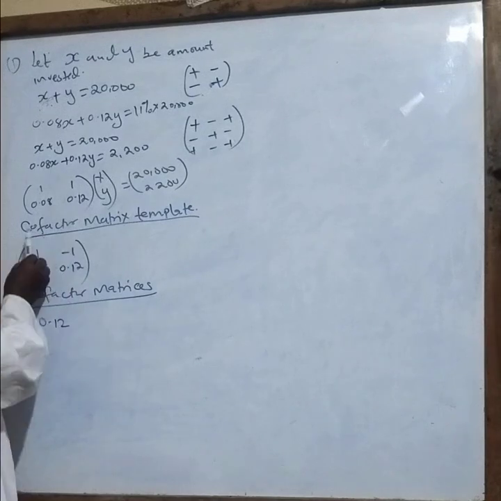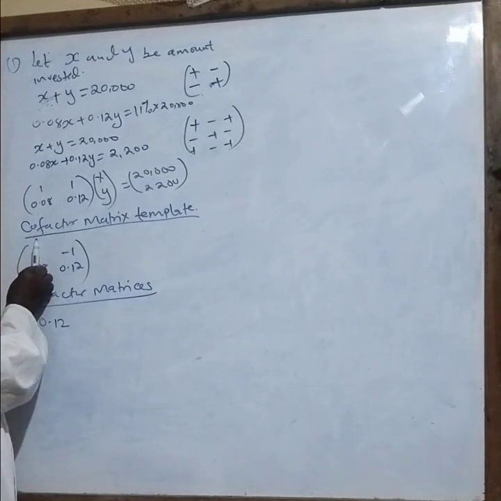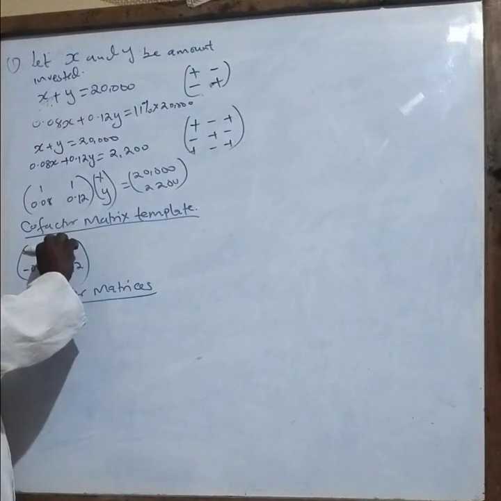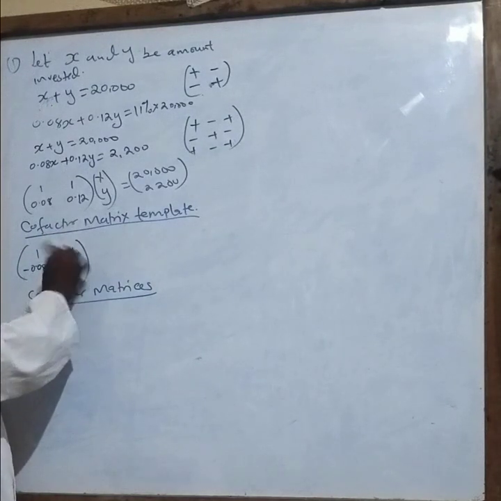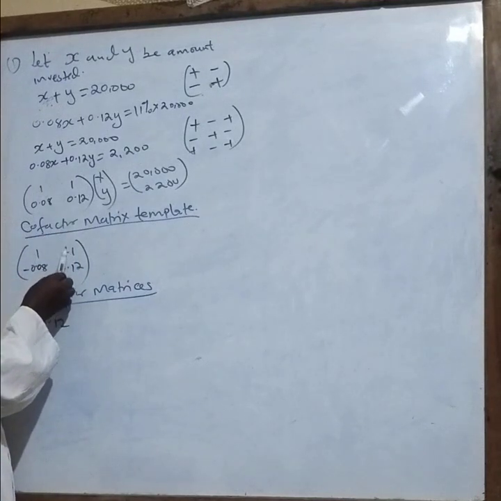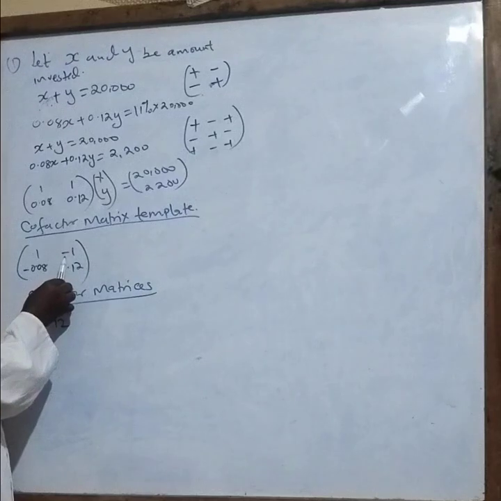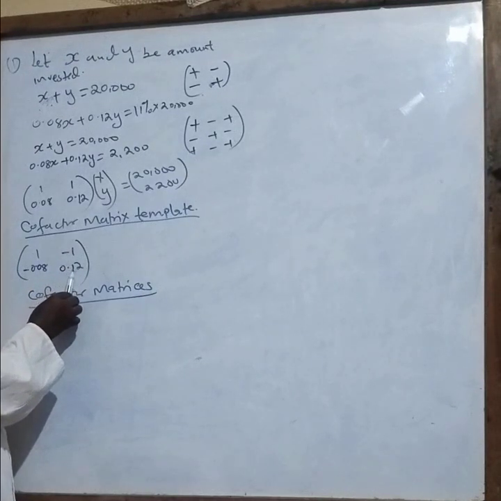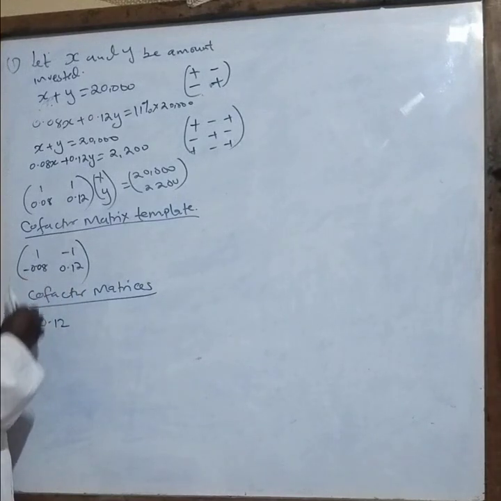Then I've closed this, I've not closed this column here, so I will close the first row with the second column. Close the first row, so there will be no 1 and negative 1. Then the second column, there will be no 0, and 0.12, so what is there is negative 0.08.